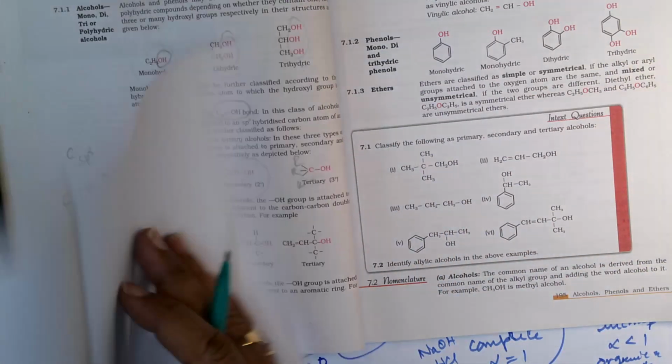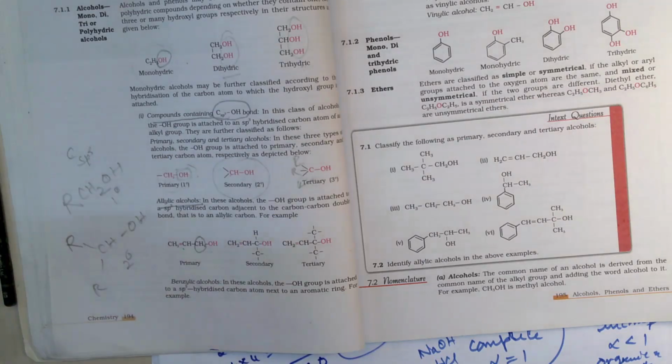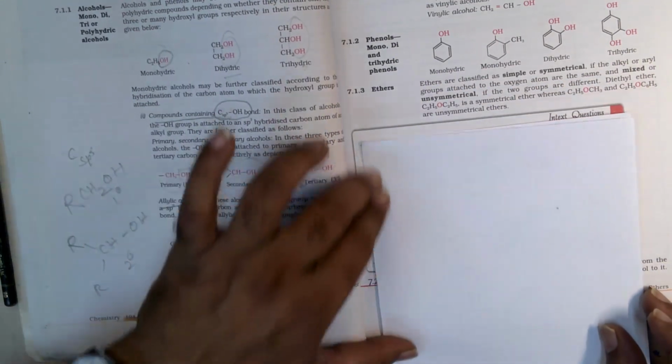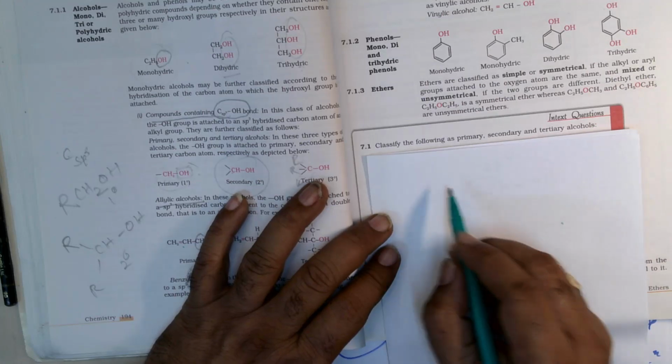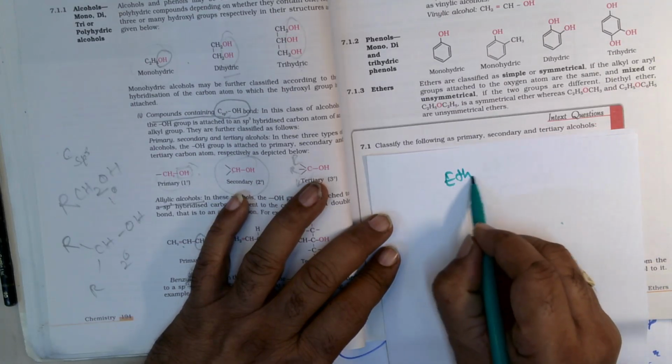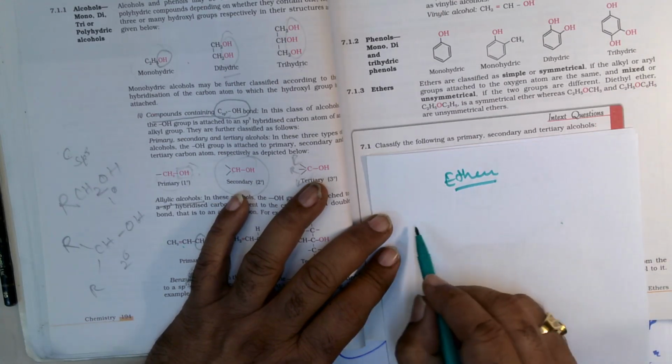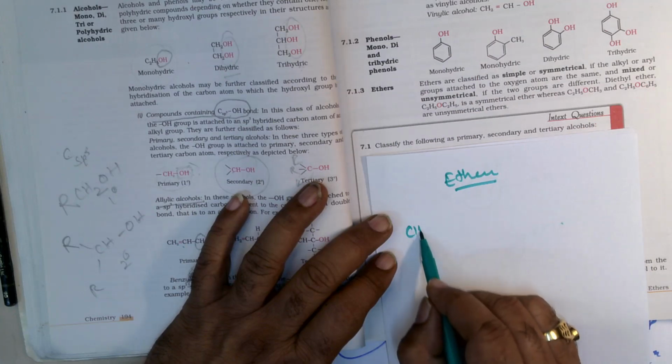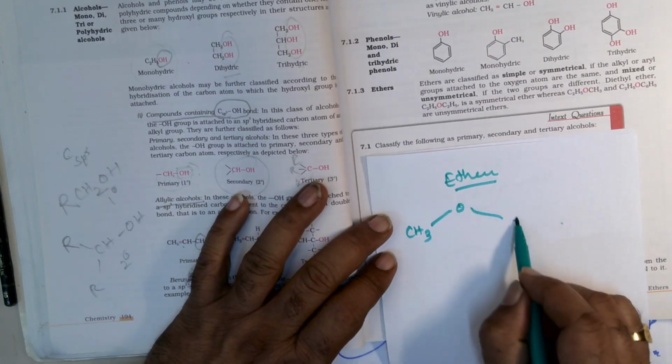And as far as the ethers are concerned, you have got the symmetric ether and unsymmetric ether also. Okay, so now are you able to follow? If there is any doubt, you can ask me in the telegram. Right? Okay. And here, let me consider the ether. So the ether, you have CH3, O, CH3.